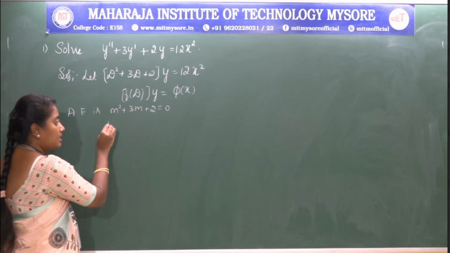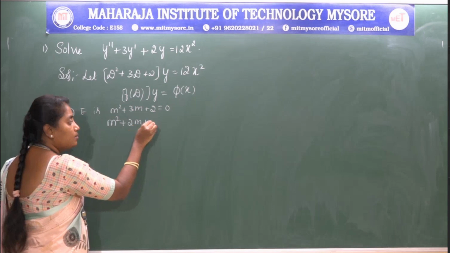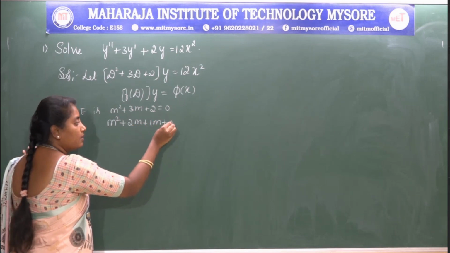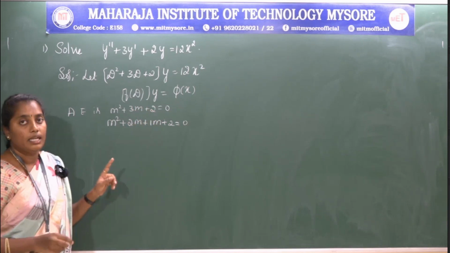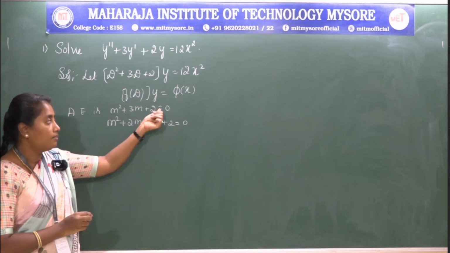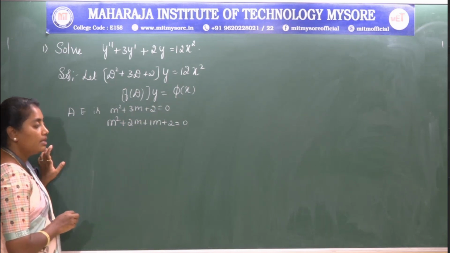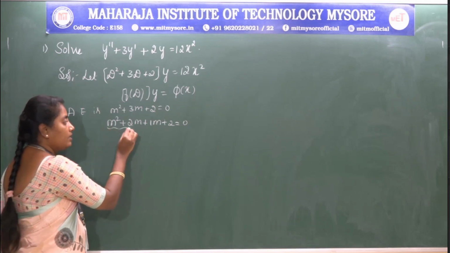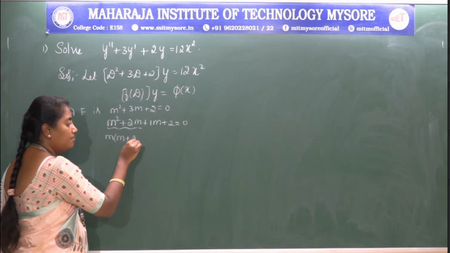On factorizing this, m square plus 2m plus 1m plus 2 equal to 0. Here we have 3 and 2, so we have to select two factors such that on adding we get 3 and on multiplying we get 2. In the first two elements, the common term is m, remaining m plus 2.